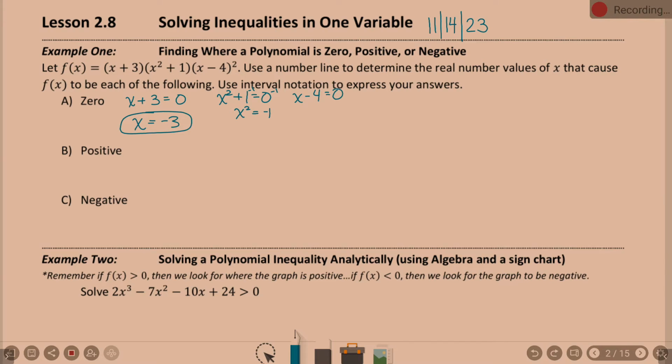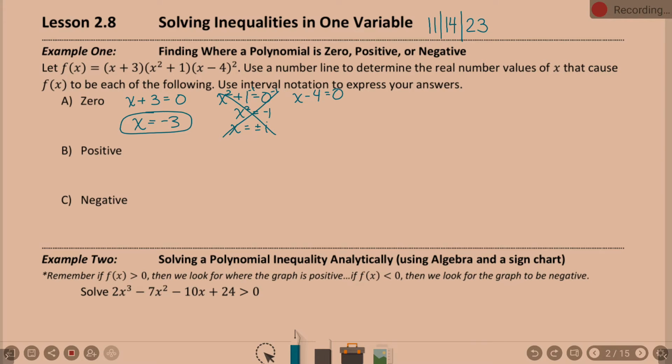We're getting x squared equals -1, and then you take the square root, and we get the square root of -1, which is i. Are we talking about i if we're looking at graphs? No. So in this case, that one's just not going to matter.